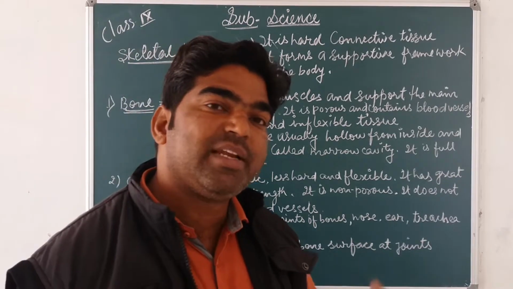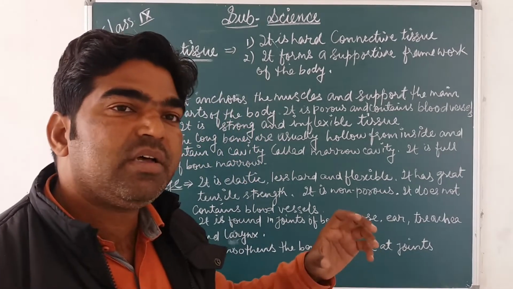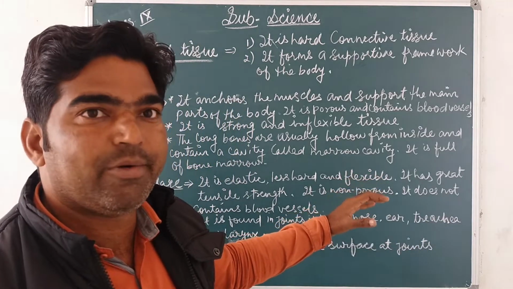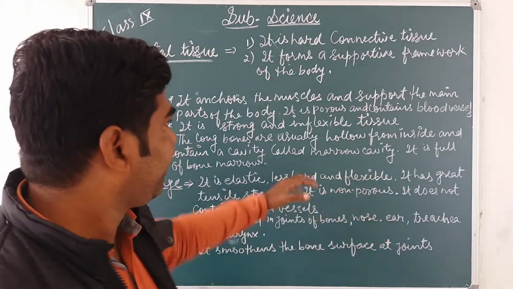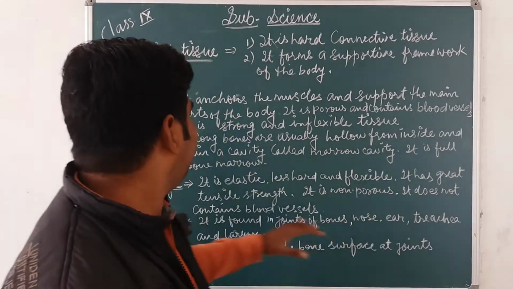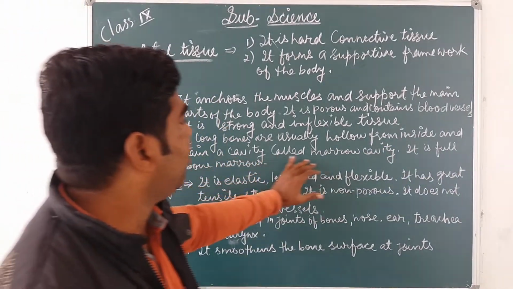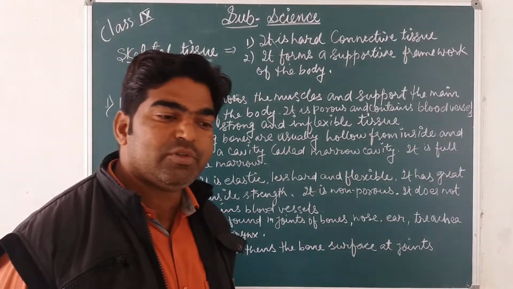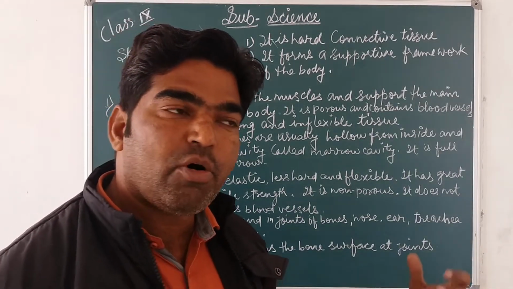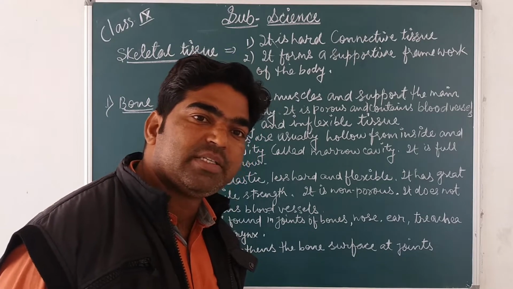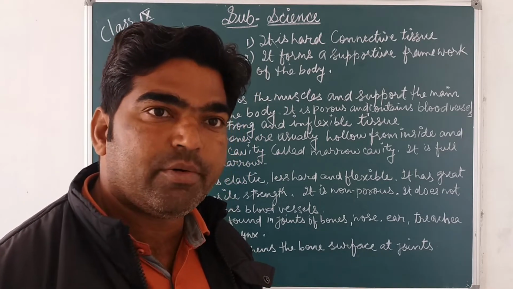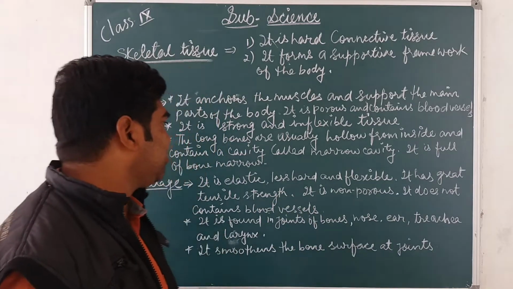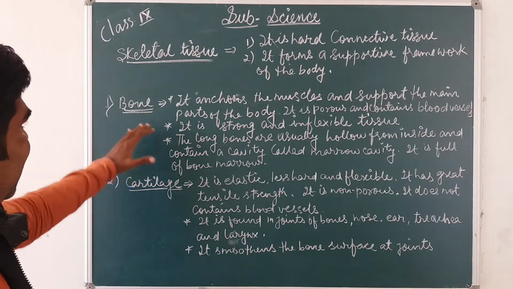That cavity or space is filled with bone marrow, called the marrow cavity. So this bone cavity is a factory for bone marrow. Bone marrow is found in the spaces or cavities of a bone. So this is about bone.